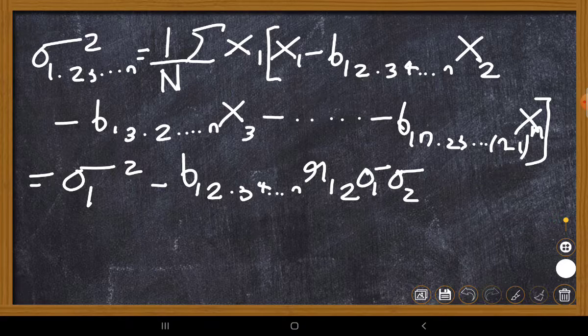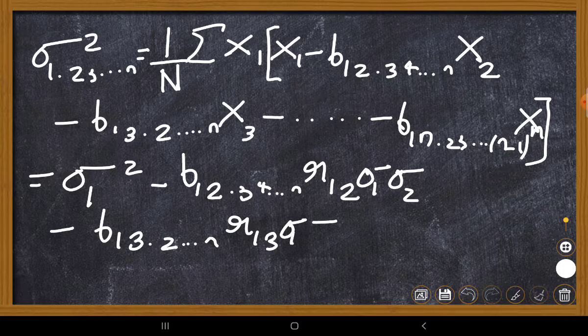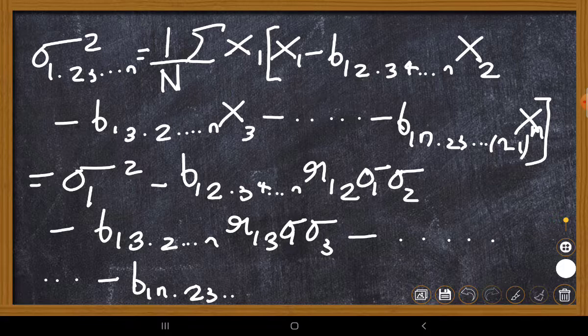The next term will be minus b13.2 up to n, then r13 sigma 1 sigma 3, and so on. The last term will be minus b1n.23 up to n minus 1, r1n sigma 1 sigma n.